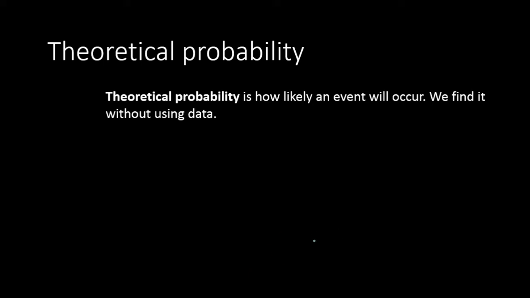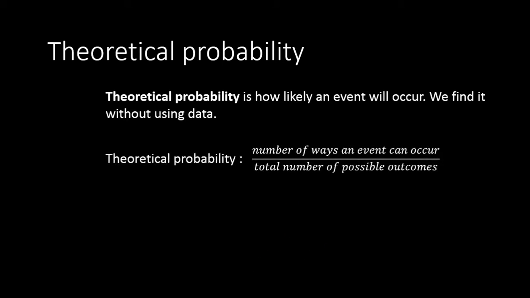Probability, or theoretical probability, is how likely an event will occur. And we find it without using data, meaning without knowing trials that have happened. So theoretical probability will always be the number of ways an event can occur over the total number of possible outcomes. So let's say we want to roll a 5.